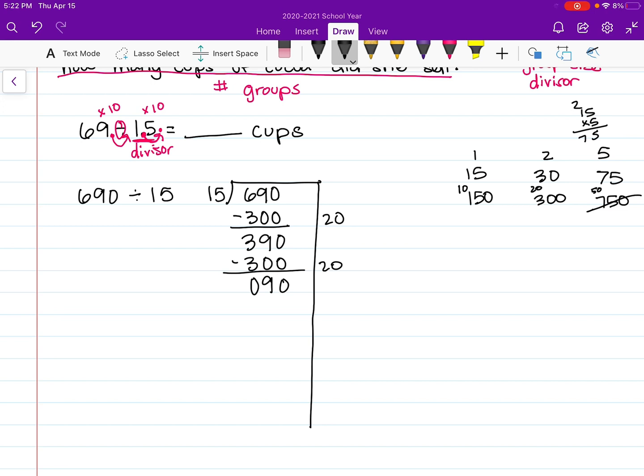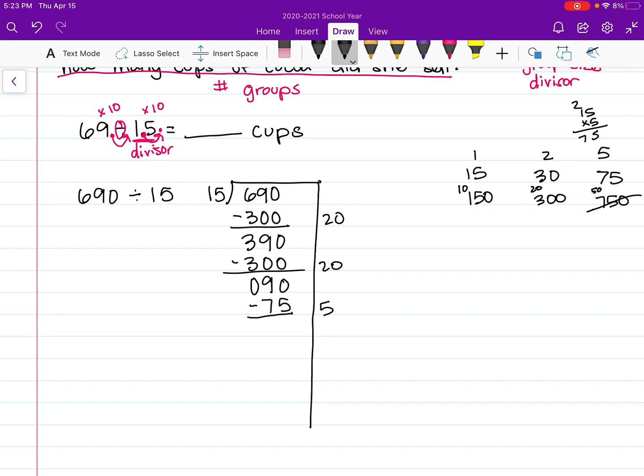Now 90. The closest I can get to that is 75. Using my number bank, I'm taking away 75, which is 5 groups of 15.